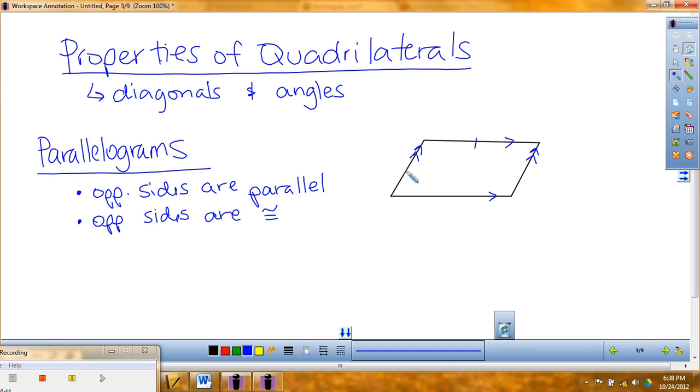Okay, so there's our congruencies as well. Now, getting into angles, we discussed this a little bit before, but our opposite angles are congruent. So, opposite across the figure, opposite angles are congruent.